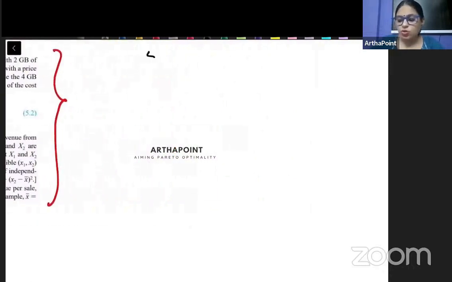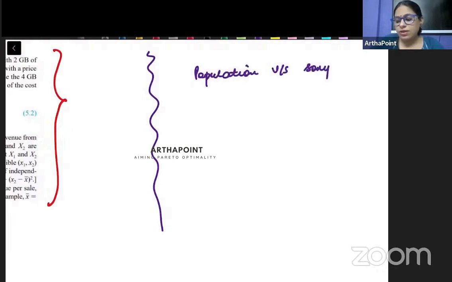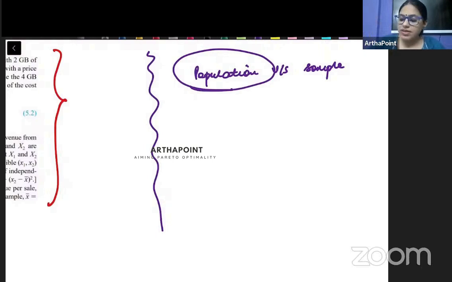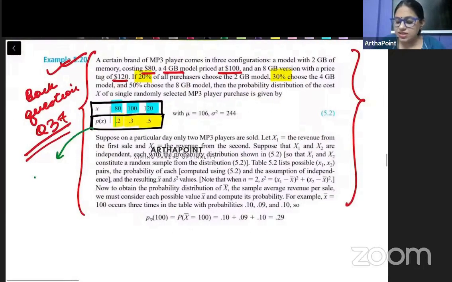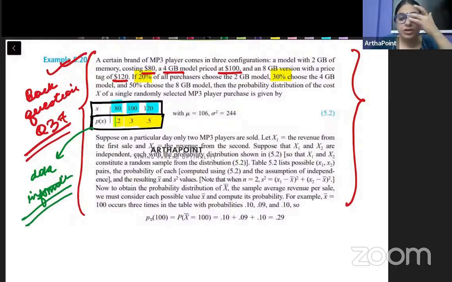In the last class, I had told you the difference between population versus sample. मैंने आपको इसका difference बताया था और ये बात क्लियर बोली थी कि population is a bigger thing और पूरा का पूरा population may not be at your disposal. But from this population we pick up a smaller data set and we call it a sample, और सैंपल के बेसिस पे हम पॉपुलेशन के लिए कुछ infer करते हैं. So we try to understand more about the population based on the sample. ठीक है. Now try to understand that whenever you are given such general information, that I sell this many at this price, and that many at that price, that general information will always be the information belonging to the population.